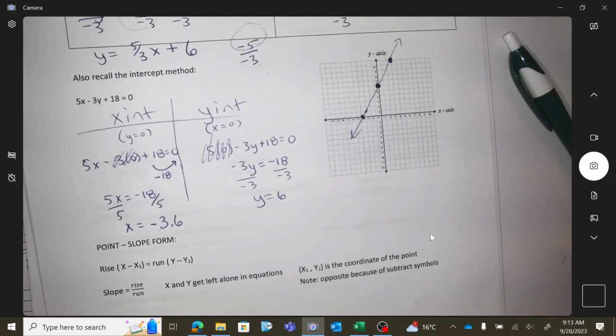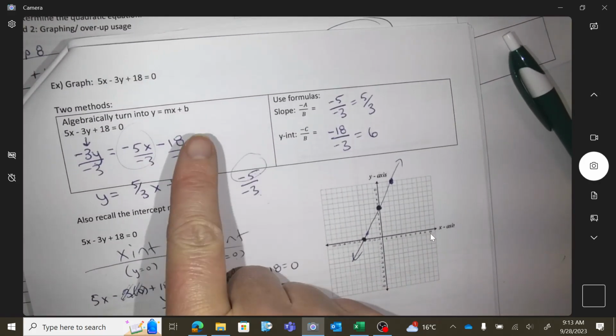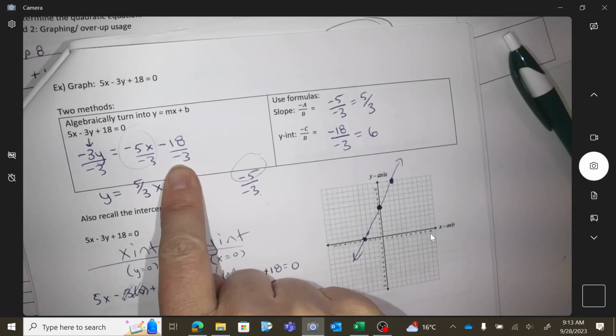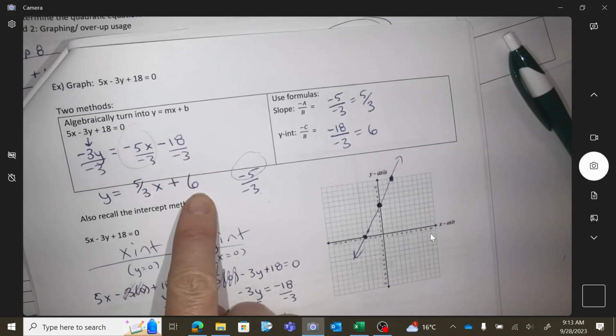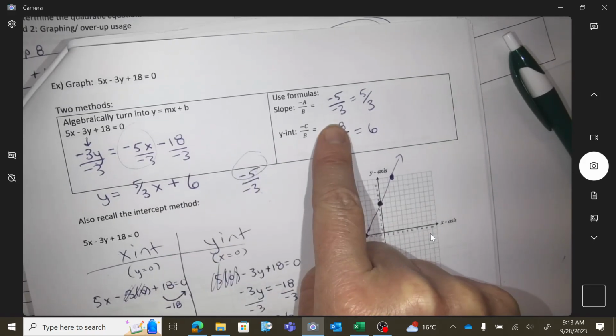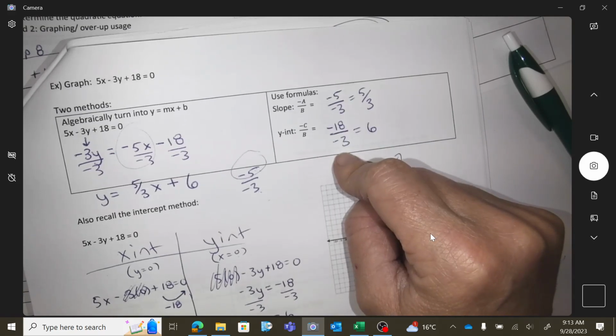Okay, so today's focus is general form graphing. So basically you can just use algebra with moving and dividing, turn it into yesterday's mx plus b form. If you want, you can use these two formulas, and if you like them, they are on the test as well.